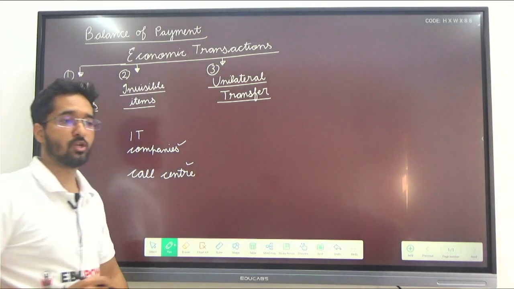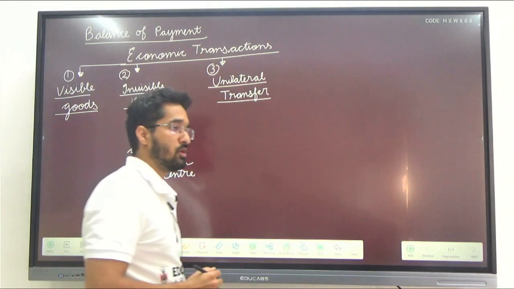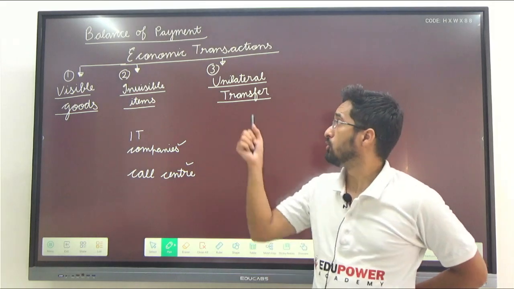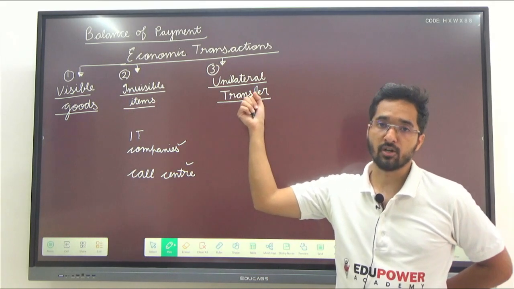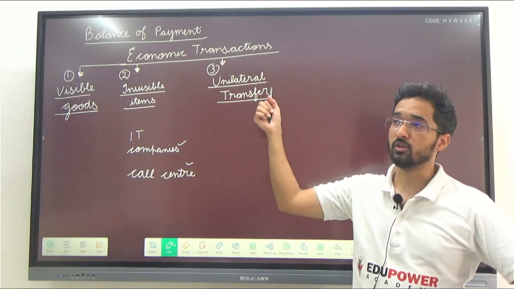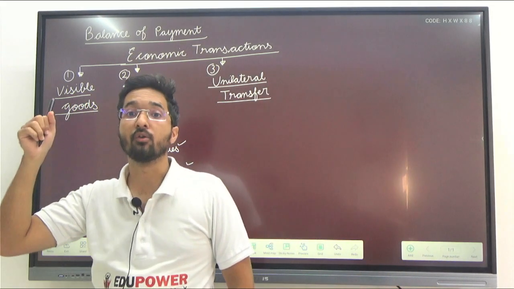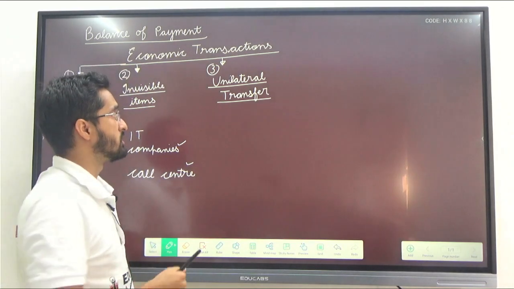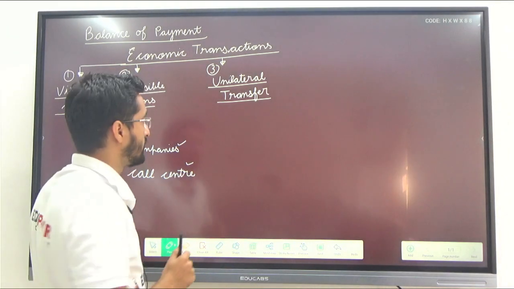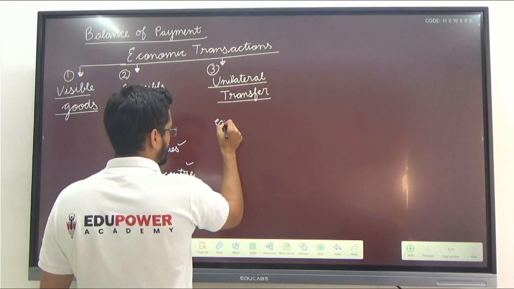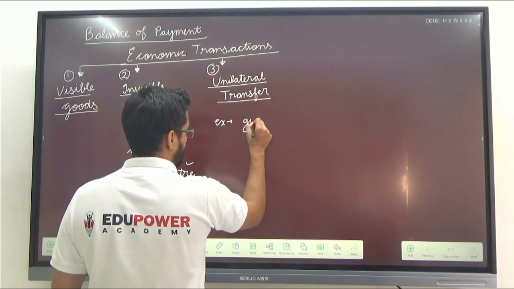What do you mean by unilateral? Unilateral means the transfer is one sided. In this kind of transfer, no goods or services are provided in return. For example, gifts.